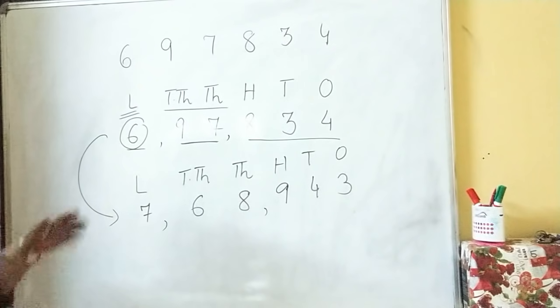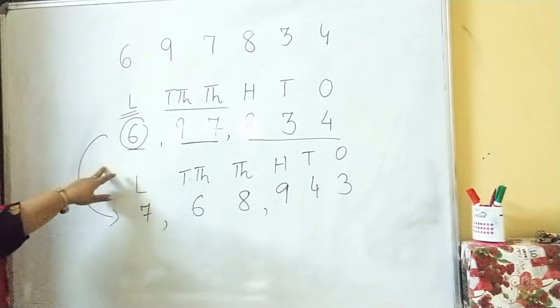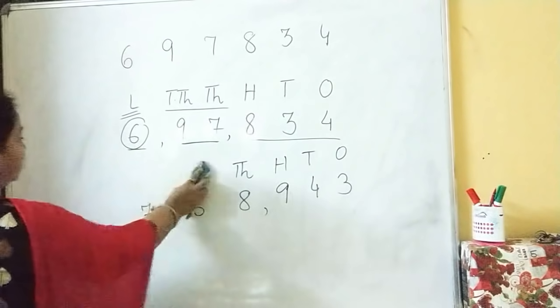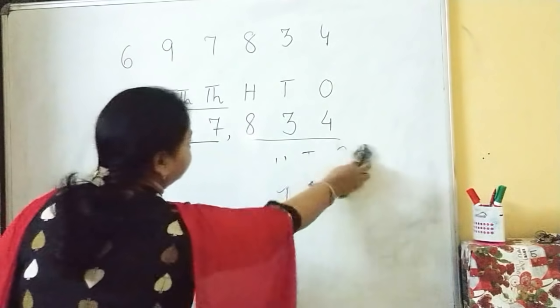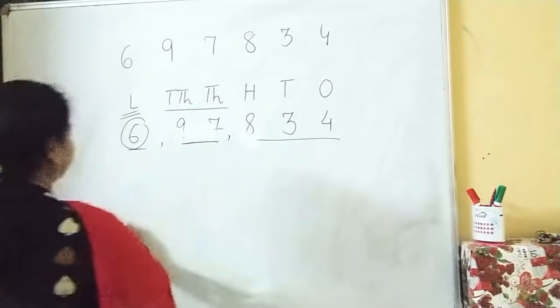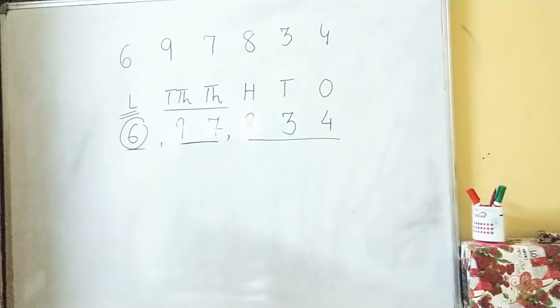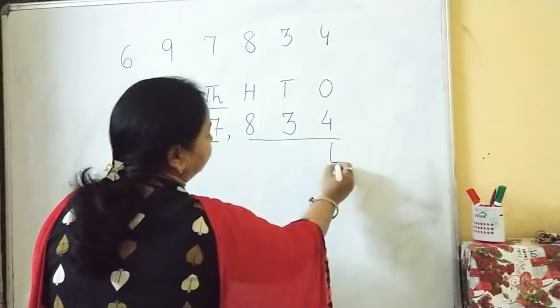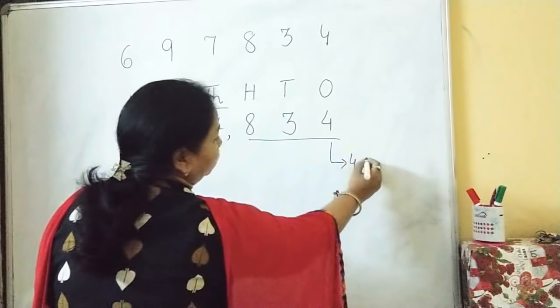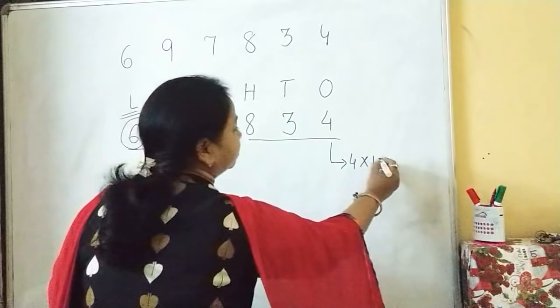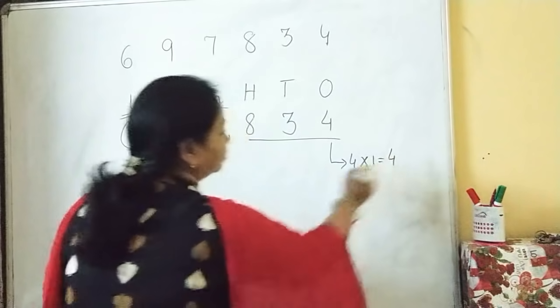Once again, I'll take the above example to explain the importance of the places. As you can see, 4 is at 1's place. Can you tell me the value of 4 over here? Yes children, it is 4.